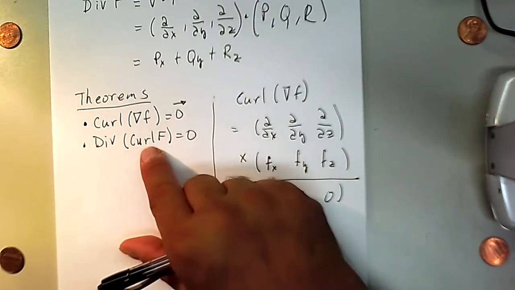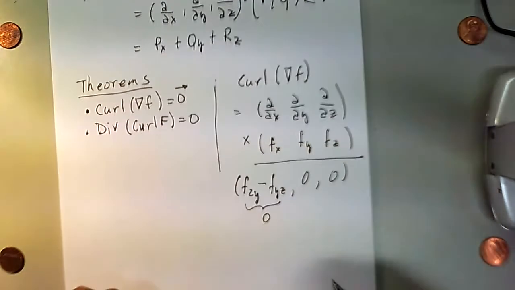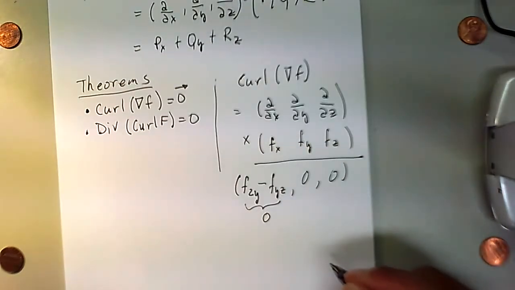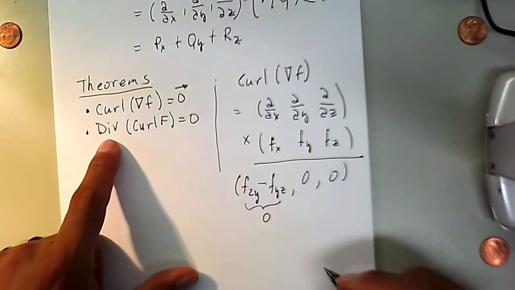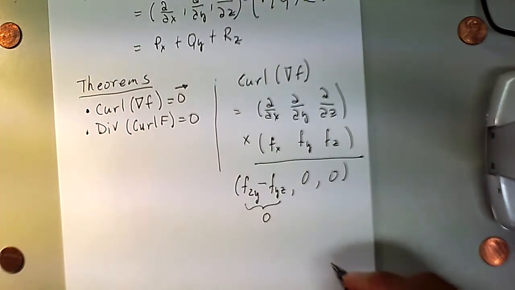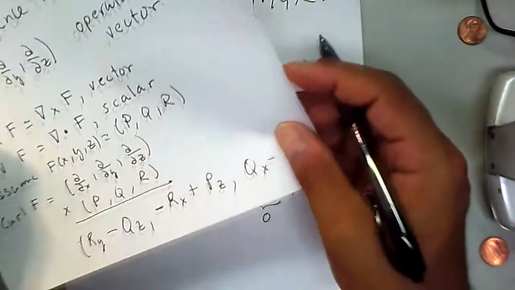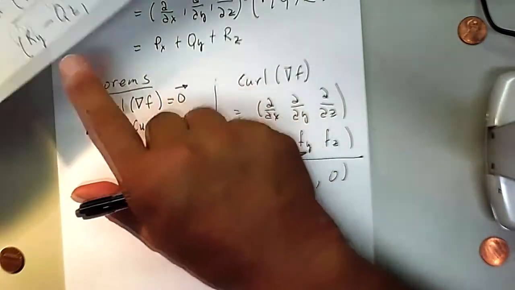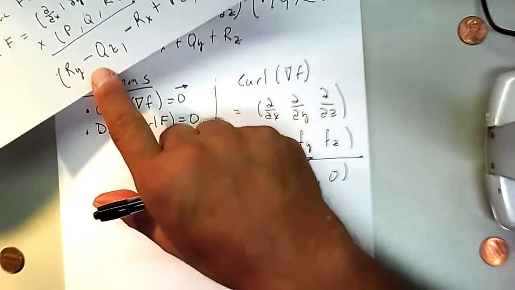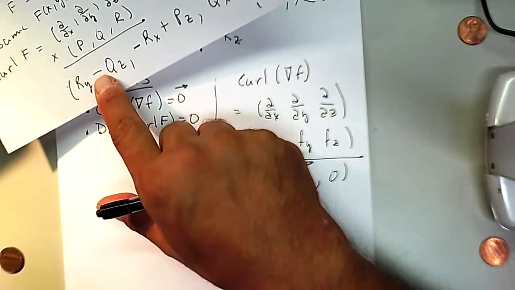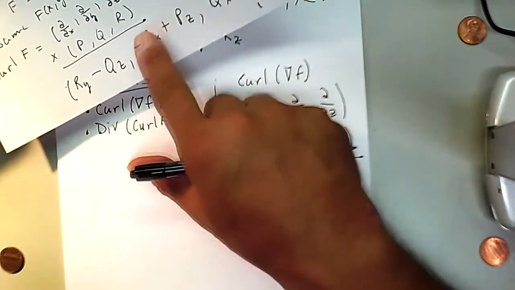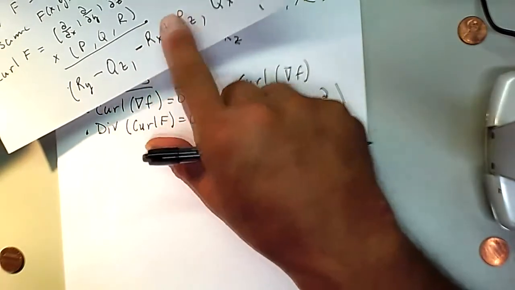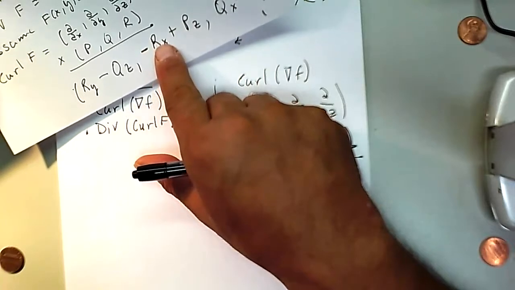The divergence of a curl of a function, well, we could explain why. Okay, so the divergence of the curl. I can explain that visually here. So the divergence means we're going to do this component and then apply the partial with respect to x. Take this component, apply the derivative with respect to y.